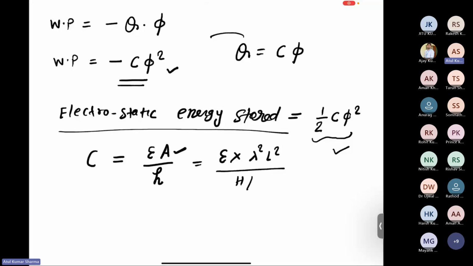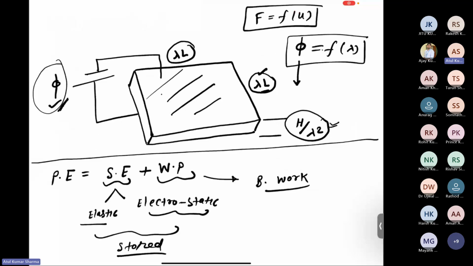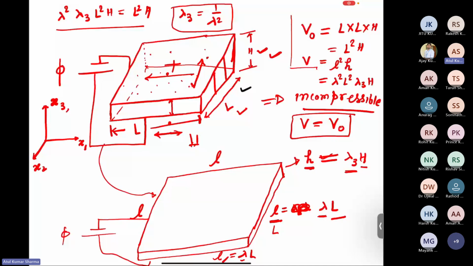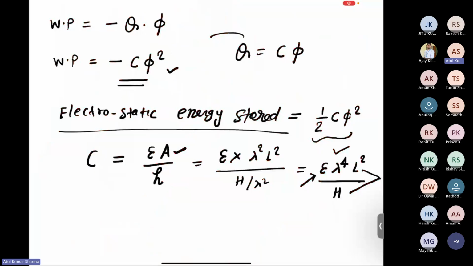So this will become epsilon lambda to the power 4 L square upon H, which is your C. Now we have written it in terms of known parameters, because epsilon is the material parameter, the dielectric permittivity, and L and H are the geometric dimensions of the elastomer. You will be aware of the dimensions of the elastomer before the application of the potential and deformation. So this is how we can write C.